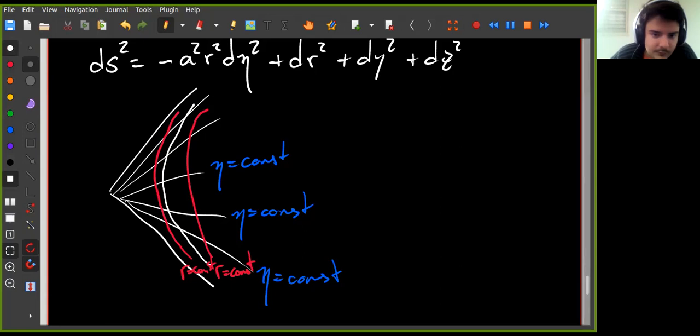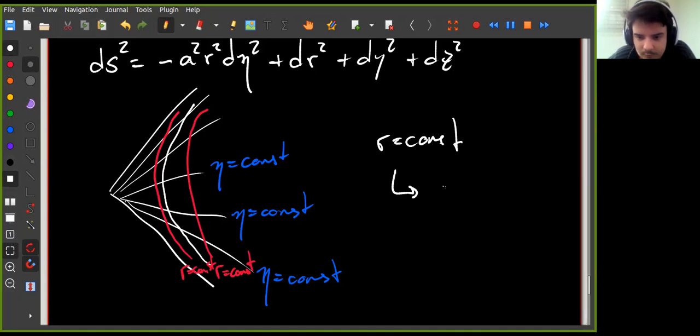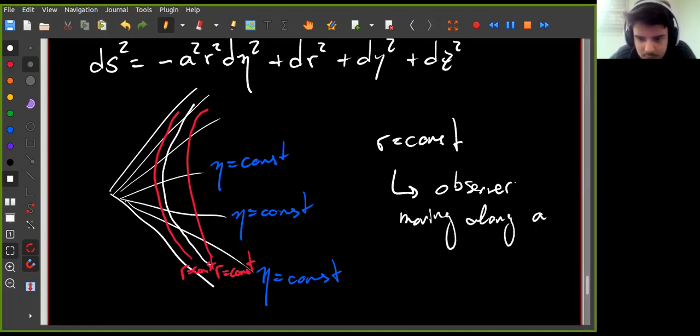As a consequence, if you pick r equals constant, this is an observer moving along a boost trajectory.